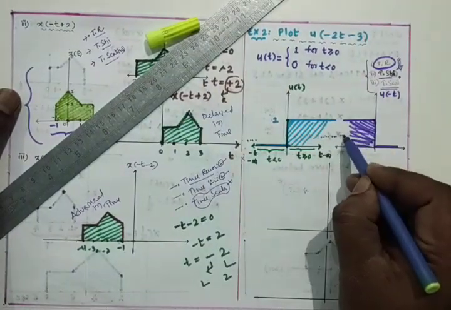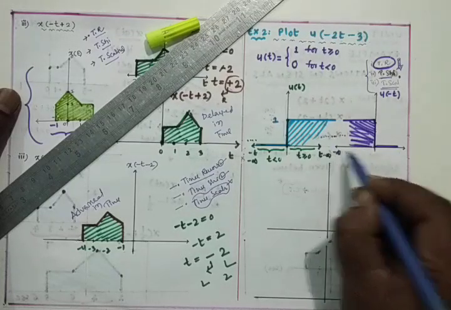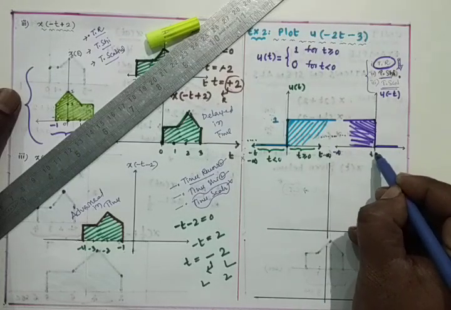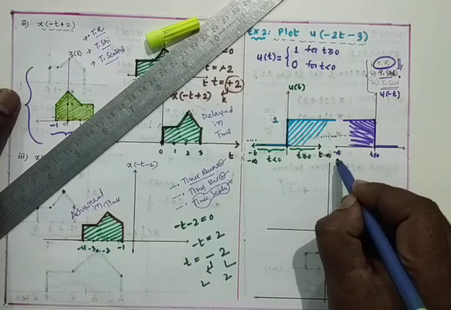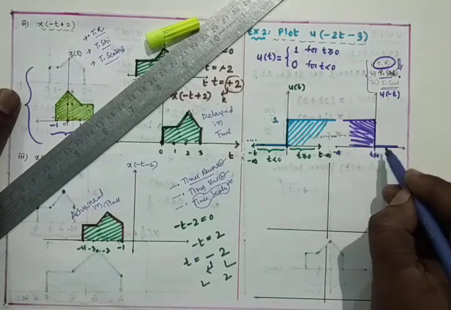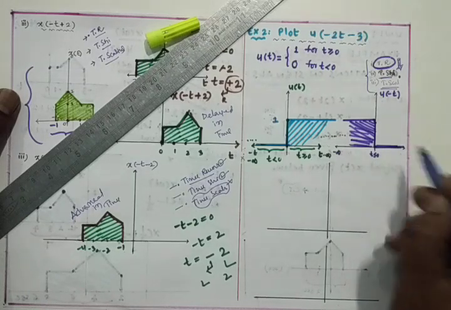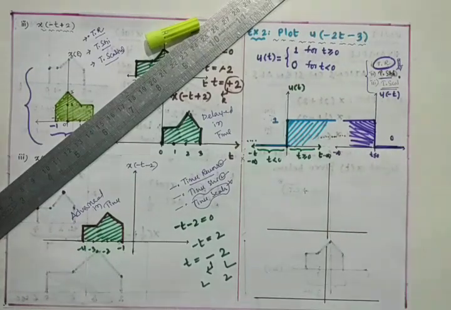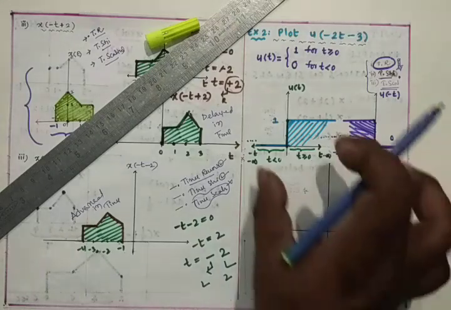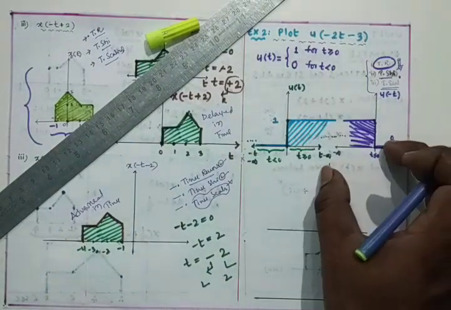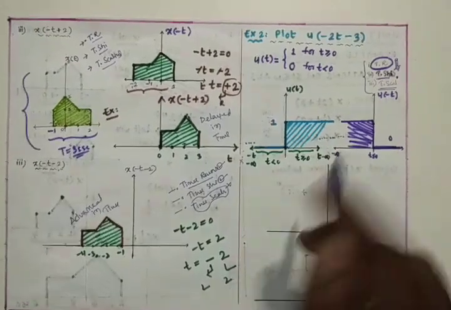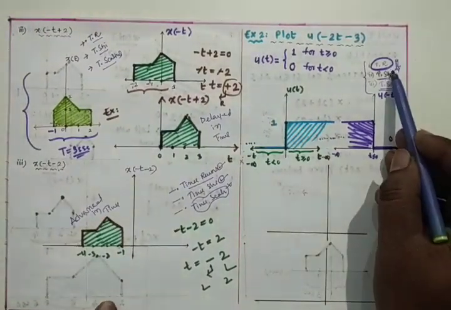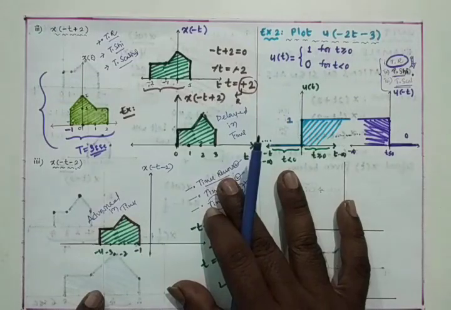So now for t less than or equal to 0 the amplitude is 1, and for t greater than 0 the amplitude is 0. This is u of minus t. This is u of t, and this is u of minus t. The time reversal operation is successfully applied on u of t.